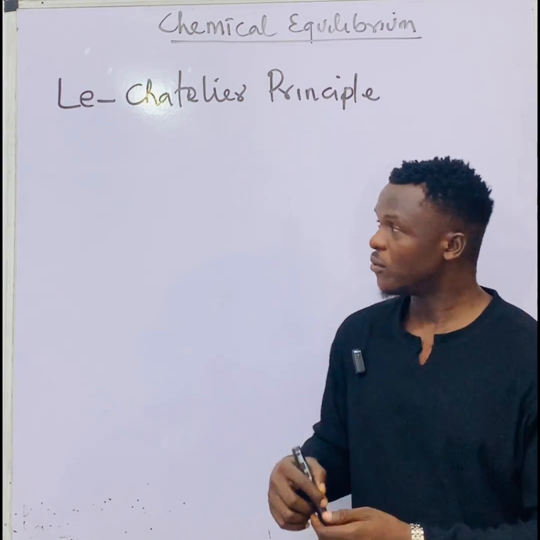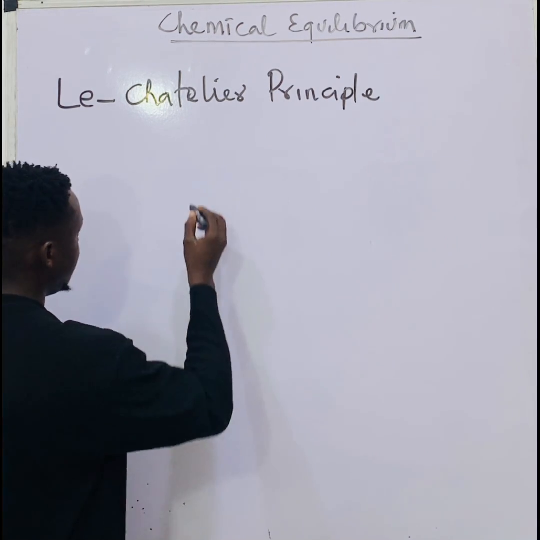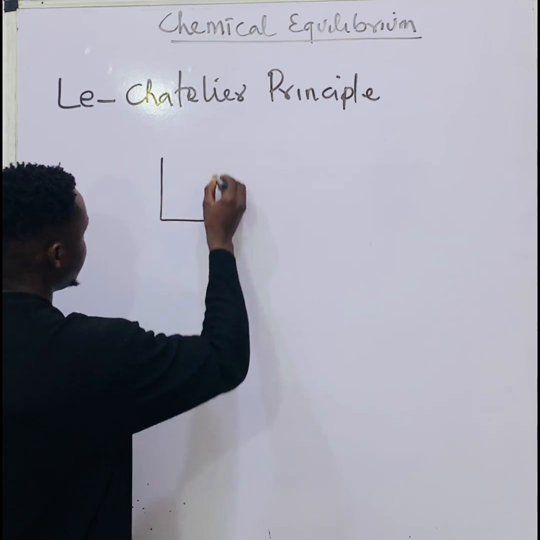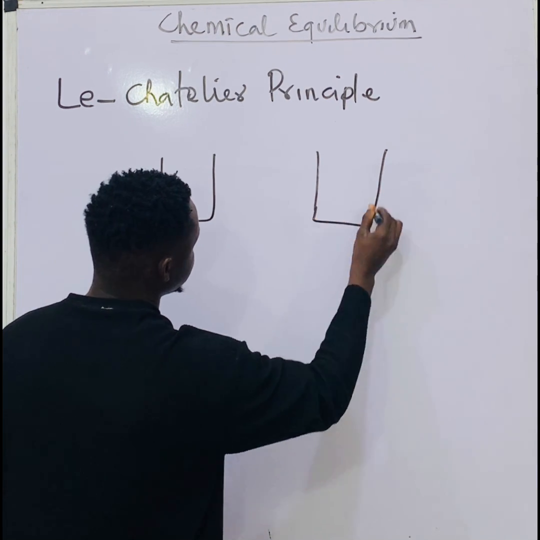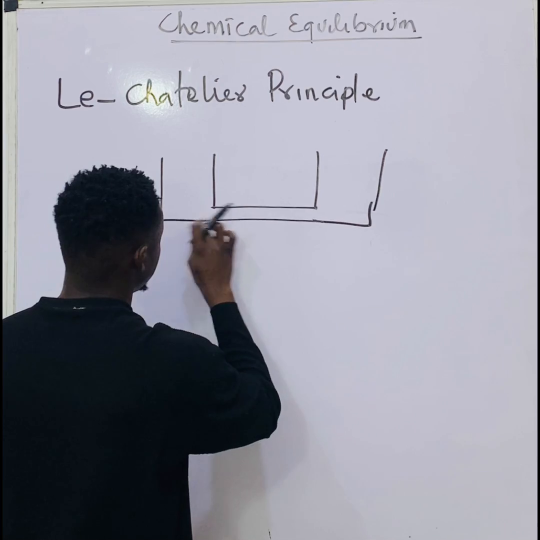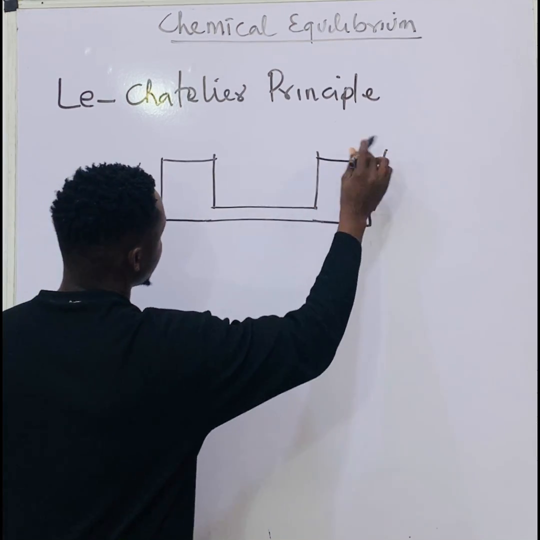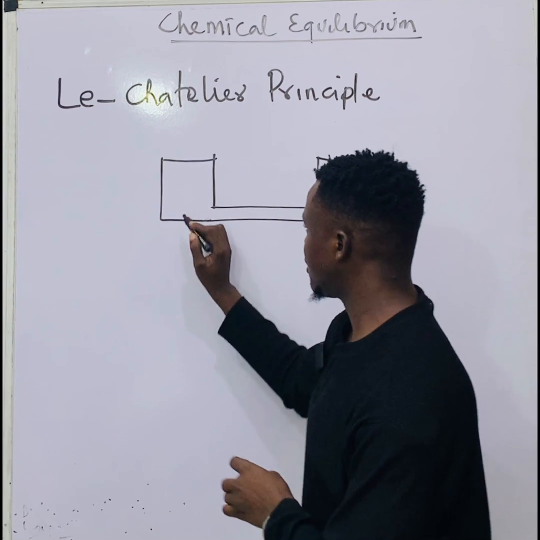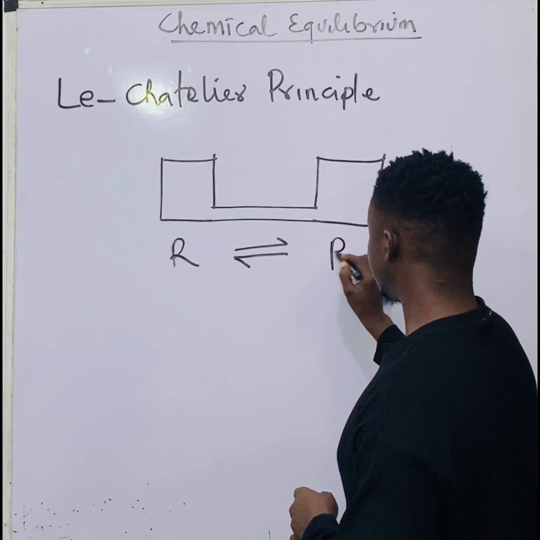Right. Now, this is what I mean. For example, let's say I have a bucket of water here. Now, let's call this one the reactant. Let's call this one the product.